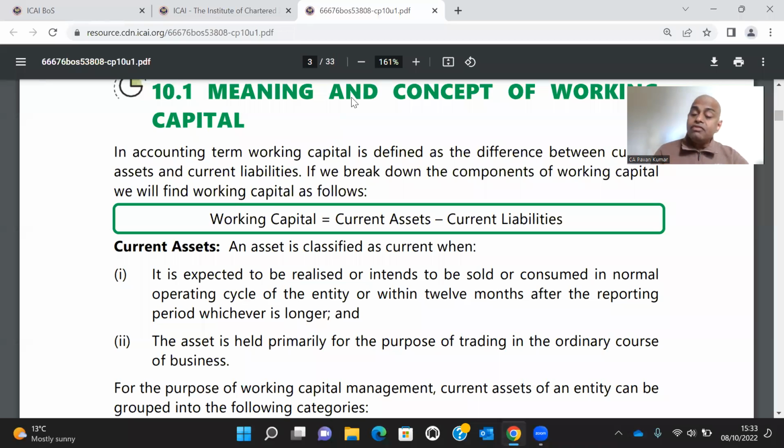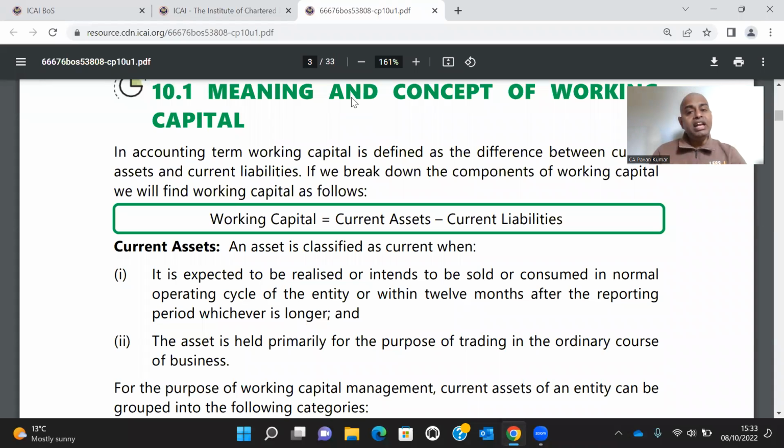Say your operating cycle is 9 months. If I sell this asset and get cash only after 11 months, then it is a non-current asset because your operating cycle is only 9 months.